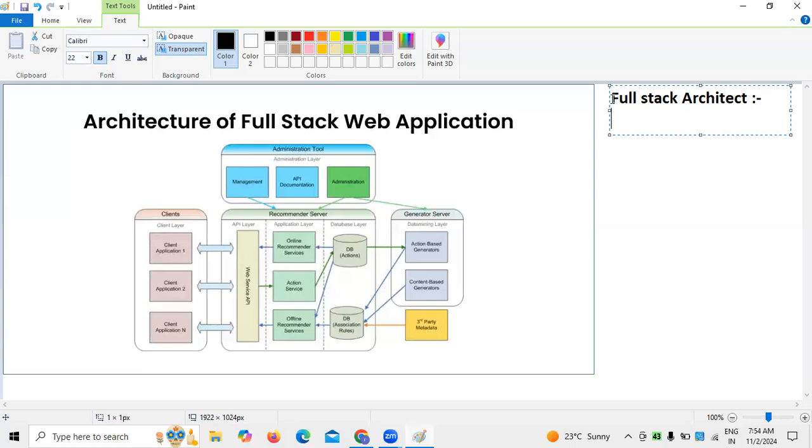Next, to have some knowledge of the MERN stack. This is becoming important now, either MongoDB, Express.js, React, or Node.js, right? All of this is what we call the MERN stack. These are the overall understandings required for a full stack architect.